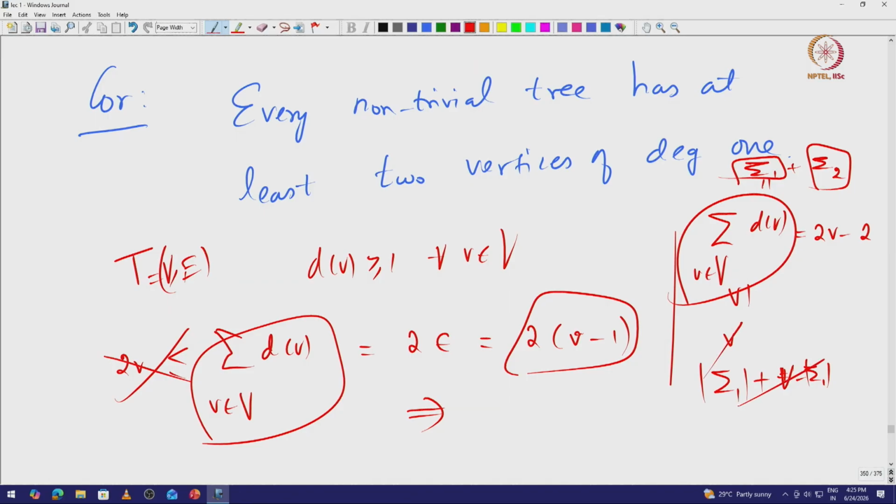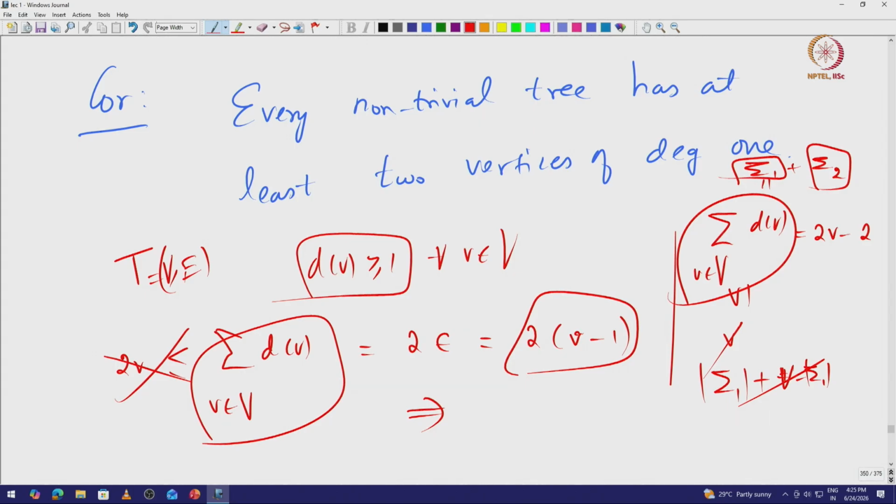It is not very hard to see, because the sum of the degrees is exactly twice V minus 2 and all the degrees are greater than or equal to 1, you can easily convince yourself that at least 2 vertices will have degree 1. Maybe we do not need further explanation.